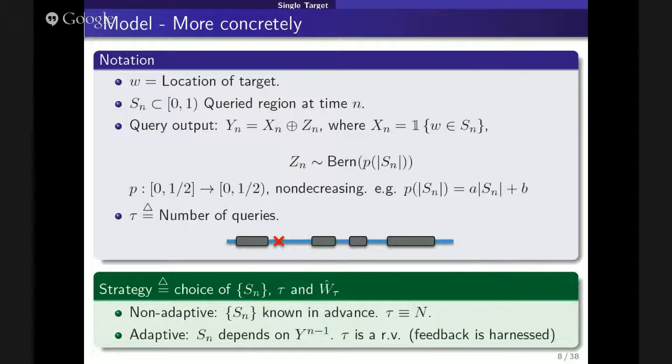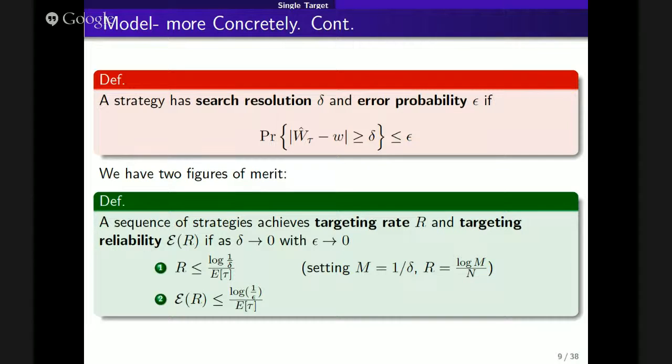Okay, thank you. Okay. So a few more definitions we need. As we said, the strategy has search resolution delta and error probability epsilon, meaning the probability that our estimate is more than delta far from the actual location is smaller than epsilon. Under this we'll have two figures of merit which will interest us, which are the same figures of merit we have in channel coding: basically the rate and the error exponent, the reliability.